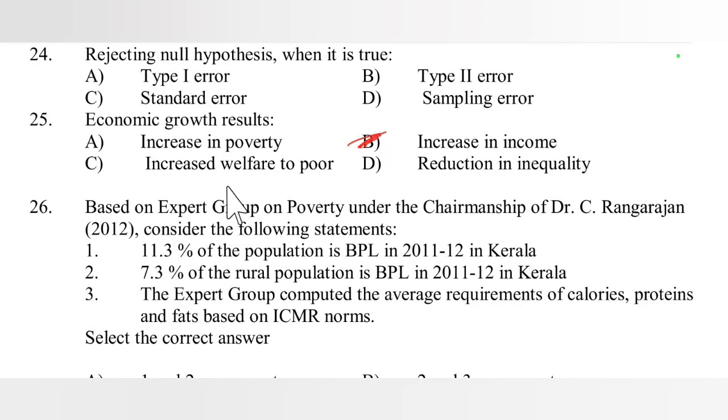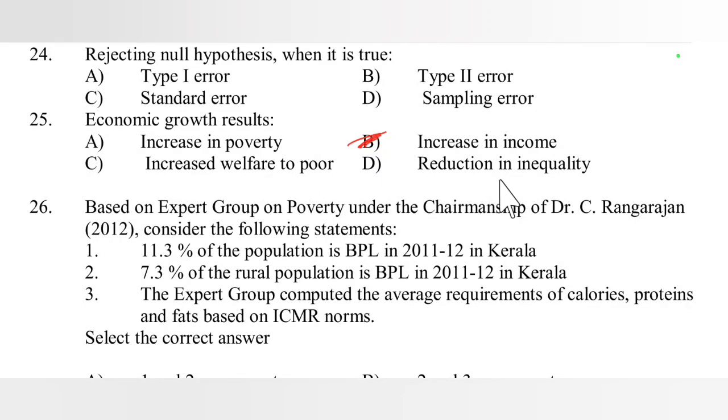Economic growth doesn't necessarily increase poverty; it can reduce poverty, depending on how the wealth is distributed. While economic growth can lead to increased welfare for the poor, this is not always a direct or guaranteed result.